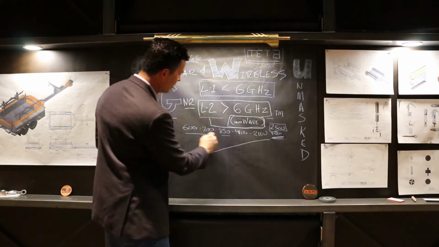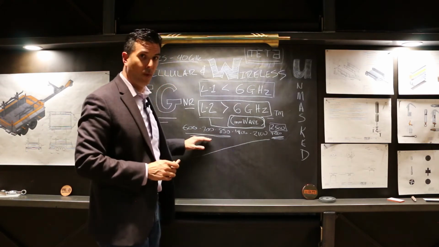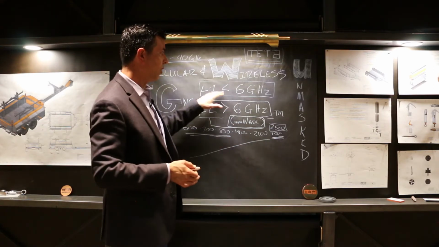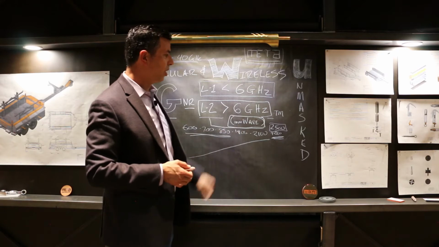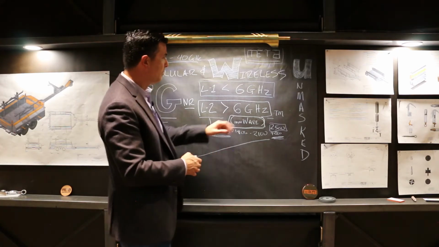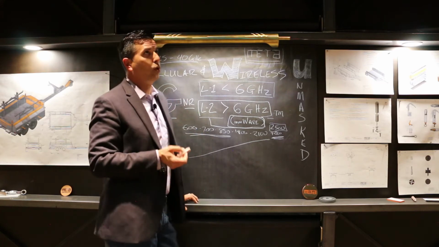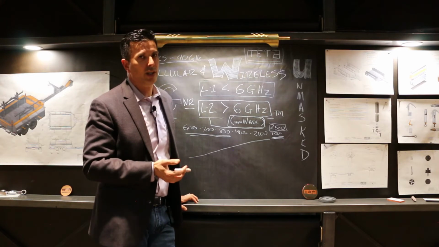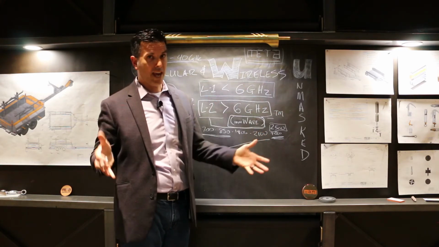Now, the lower frequency bands that propagate well, that go through walls and windows really well, are great for L1 5G. But they don't work so well for millimeter wave because they're just too low, too big. So millimeter wave is 29 gigahertz, 39 gigahertz, super high frequency, super giant bandwidth.